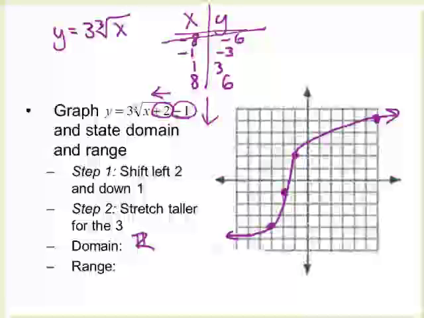It is forever going up and forever going downward. It's just doing it really slowly. It goes sideways a lot faster than it goes up and down, but it does keep on heading upward and downward. So our domain and range are all reals, and always will be for cube root graphs. So domain and range are all real numbers for cube root graphs.